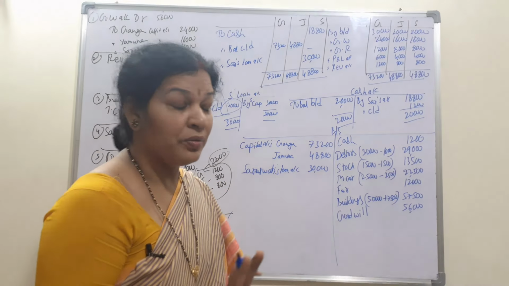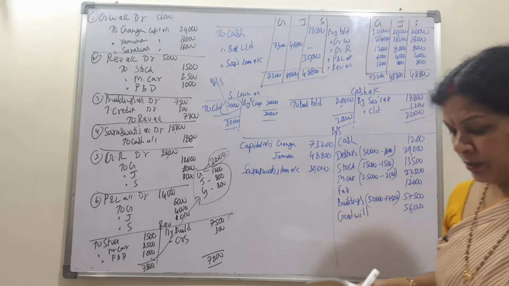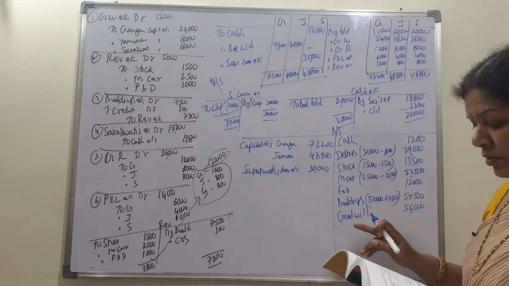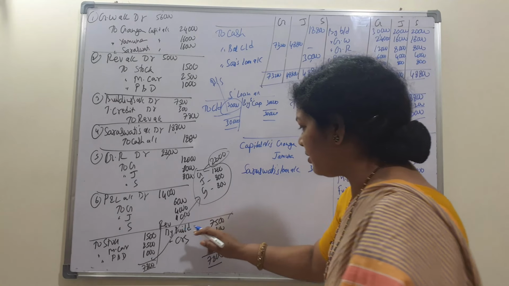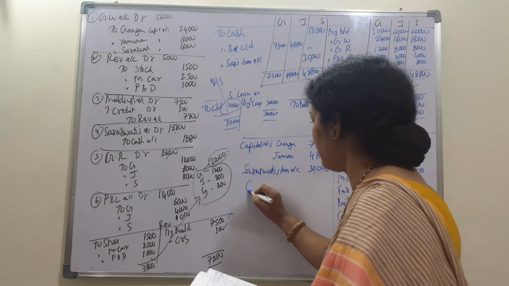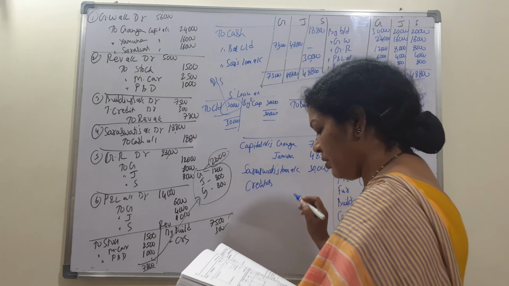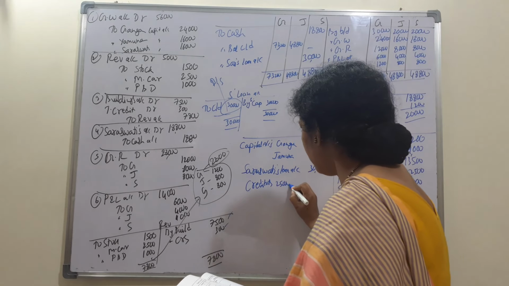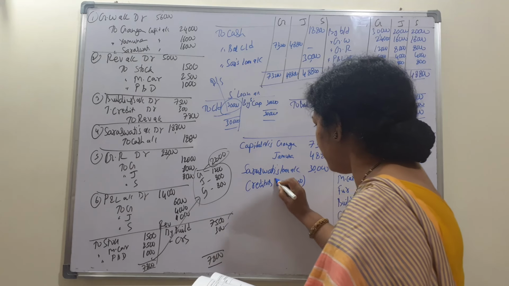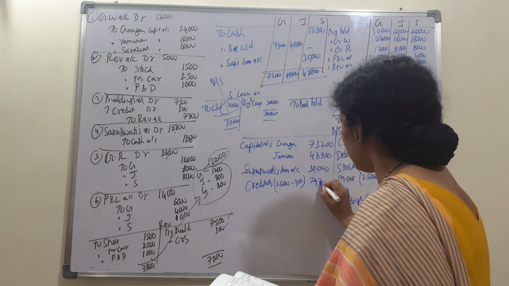Are you clear? Very important point. Apart from this, what else is there? Creditors. Creditors, there is an adjustment, this one. Creditors amount is here 25,000 minus 300, decreasing, no, creditors is decreasing, so 24,700.